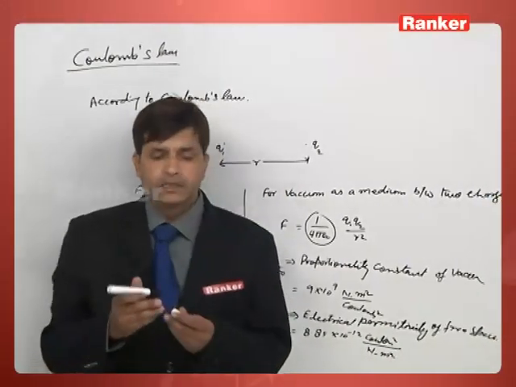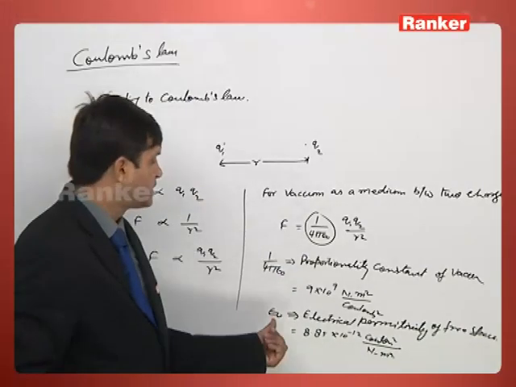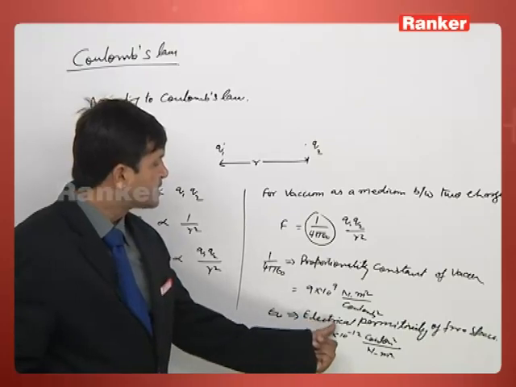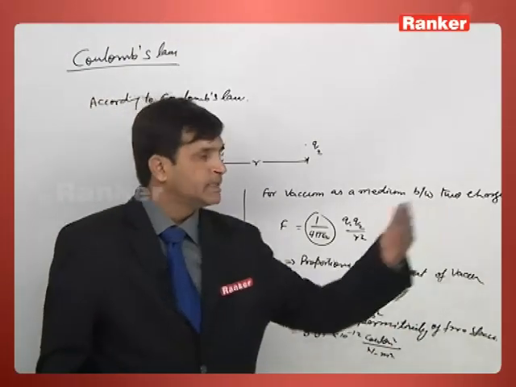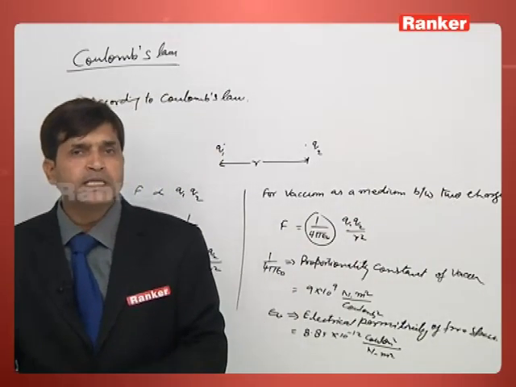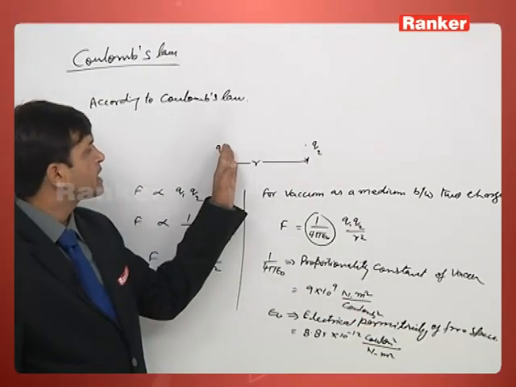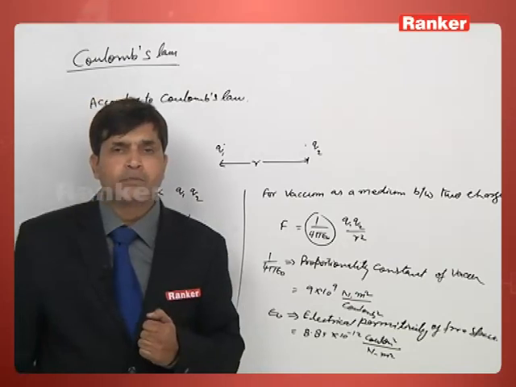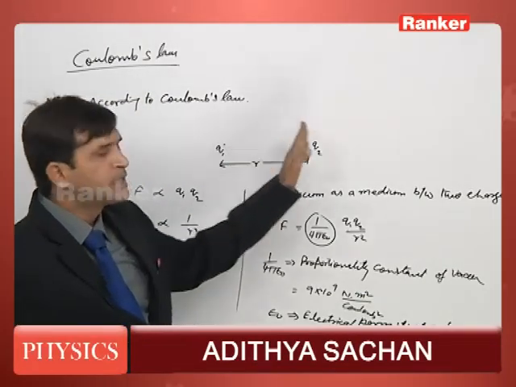So what is the physical significance of epsilon naught? As the name electrical permittivity suggests, this word has come from permission or permit. How is the medium permitting the electrical field? It means whatever electrical field is produced by one charged particle, what is the effect of that field on the surrounding medium?